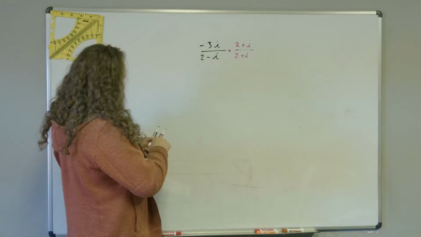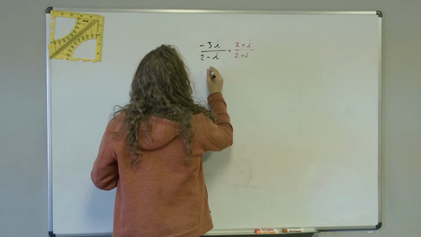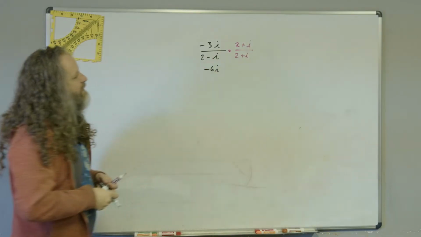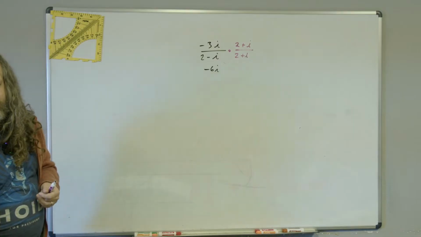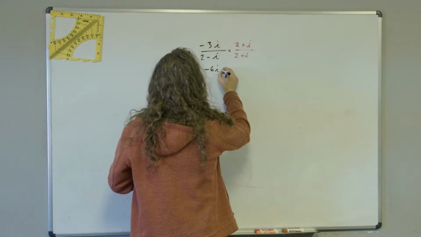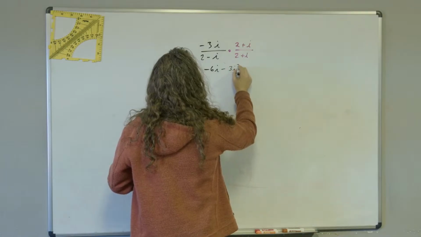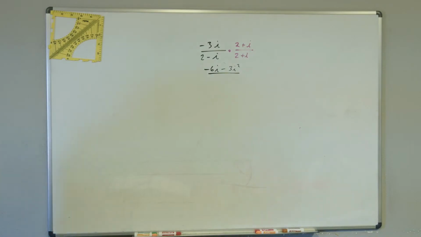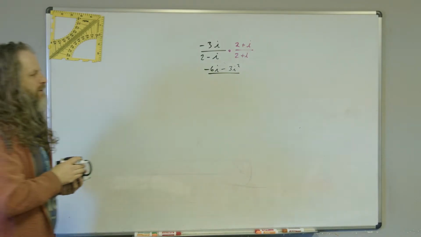Okay, negative 6i. Negative 3i times i is what? Negative 3i squared. So the first, what's 2 times 2? 4.